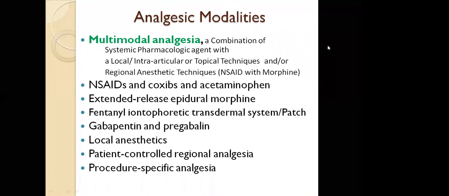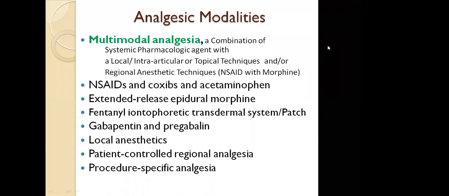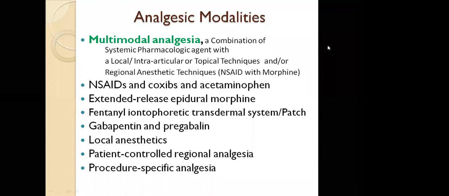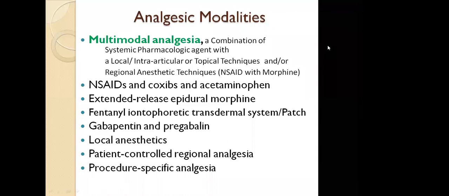This is a combination of a systemic pharmacological agent given IV with a local, intra-articular or topical anesthetic agent, plus sometimes regional anesthetic agents. So a combination of 3 or 2, that is multimodal analgesia, so that a complete analgesic phase is achieved.